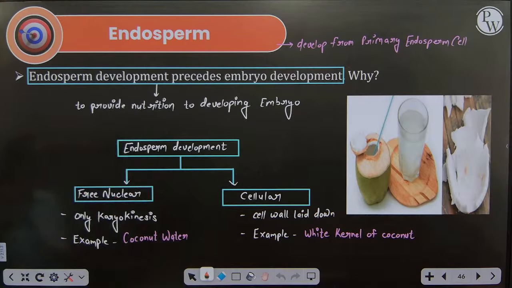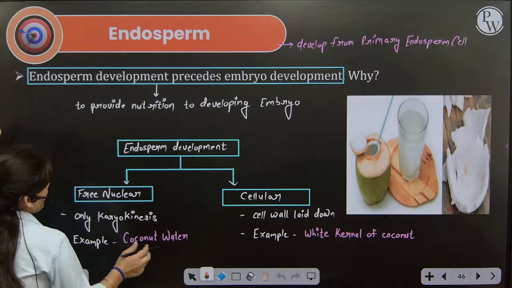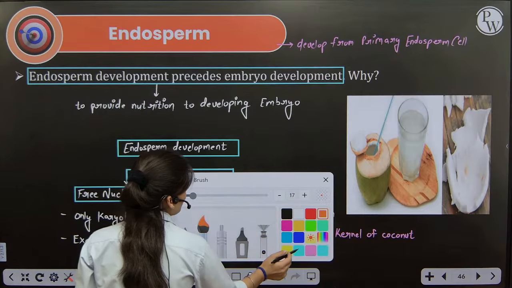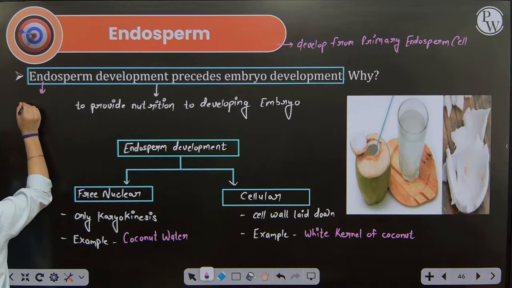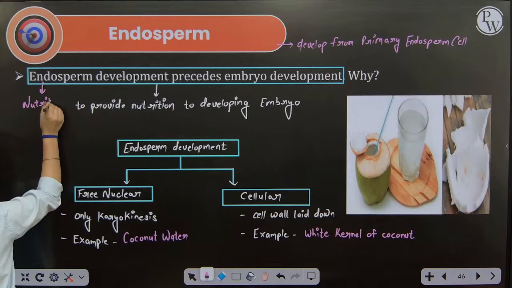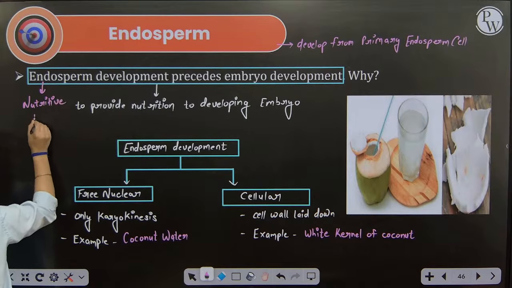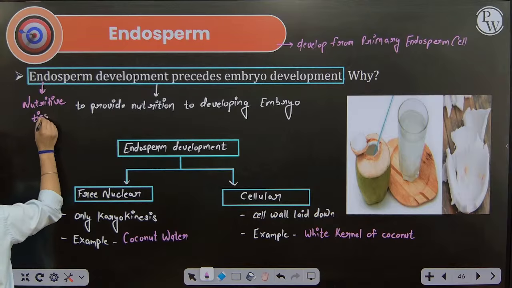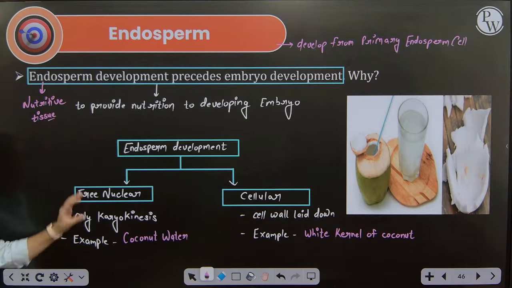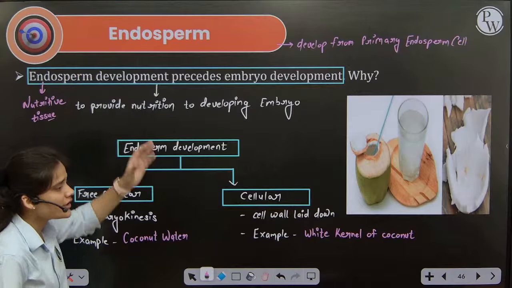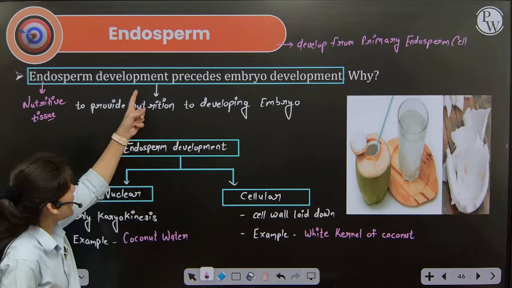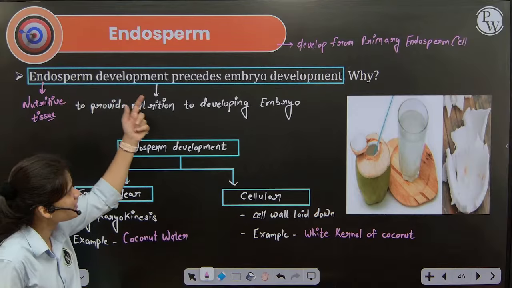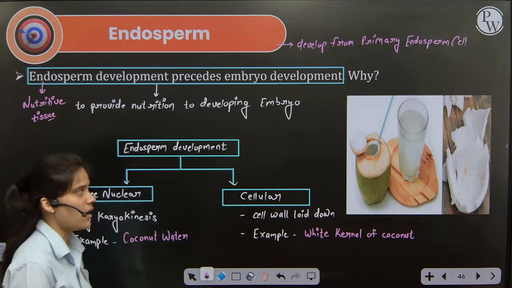Because this endosperm is nutritive tissue, which is going to provide nutrition to this developing embryo. That's why development of this endosperm precedes the development of embryo.